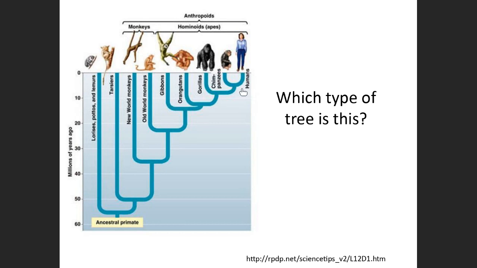So in terms of the tree, we have a common ancestor. Let's see. In here is our common ancestor, right? There was some species that lived between 50 and 35 millions of years ago, that started existing here, and then in here it diverged into the monkeys and the apes.